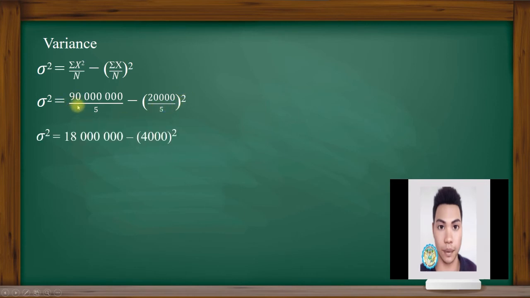So 90 million divided by 5 is 18 million minus 20,000 divided by 5 is 4,000. Then squared mo siya. Then 18 million minus 4,000 squared is 16 million. So we have the variance now is 2 million.